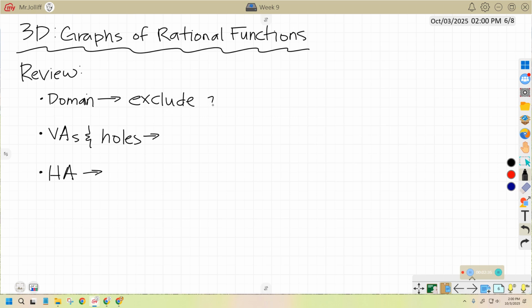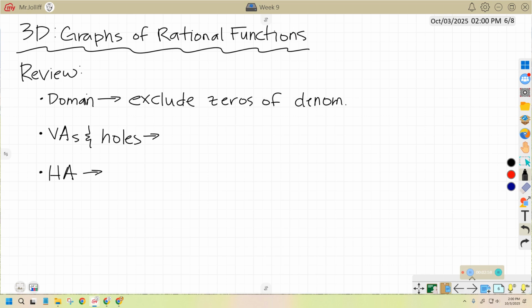Zeros. Very good. Exclude zeros of the denominator. Very good. Can't have zeros in the bottom of a fraction. So we use our skills for finding the zeros of polynomials. We figure out where the zeros of the polynomial in the denominator are. Perfect.